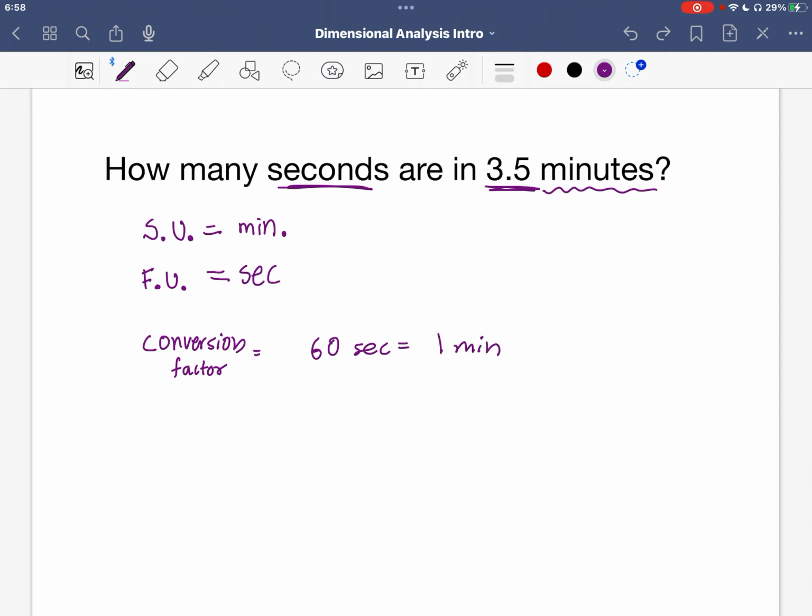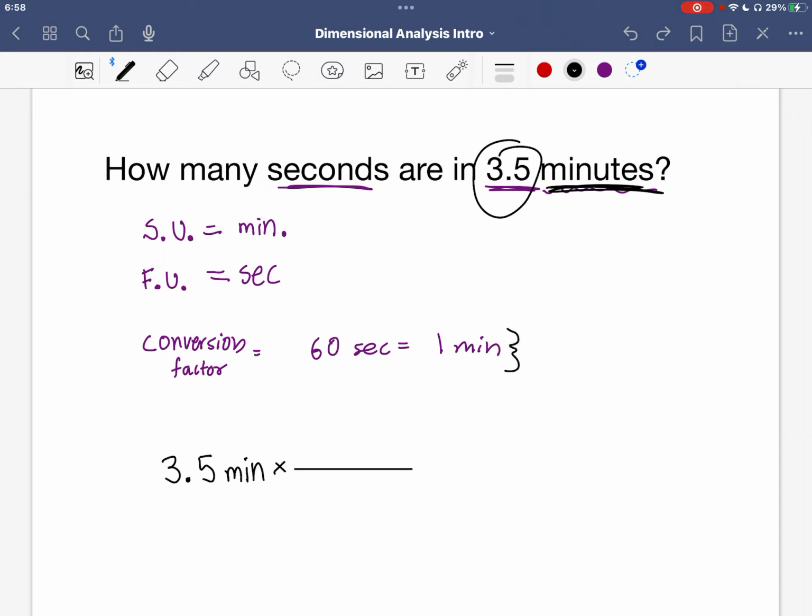All right, I always set up these problems the same way. I take whatever measurement they've given me. How do I recognize if it's a measurement? Well, I look for some number that has only one unit associated with it, 3.5 minutes. And now I'm going to multiply 3.5 minutes by my conversion factor.